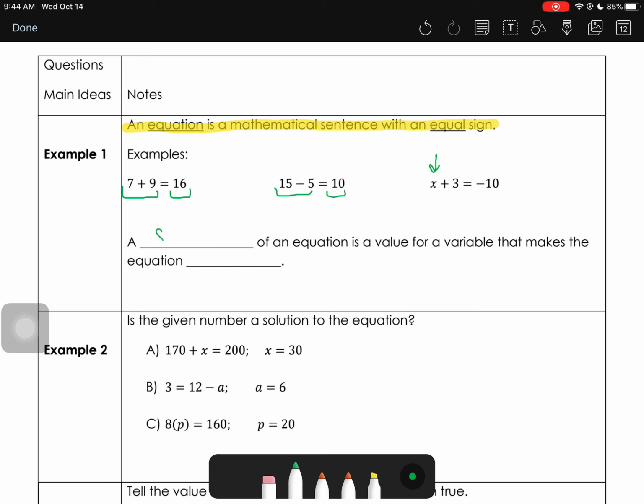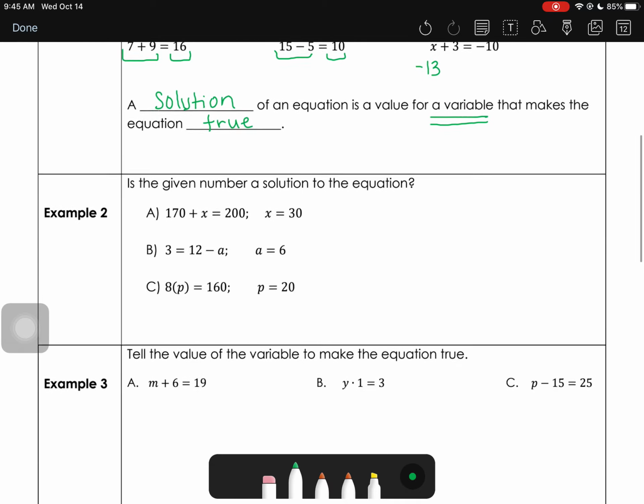A solution of an equation is a value for a variable that makes the equation true. So we want to figure out what number plus 3 would equal negative 10. In this case, it would be negative 13. And today all we're going to do is use mental math to figure out what the numbers would be.